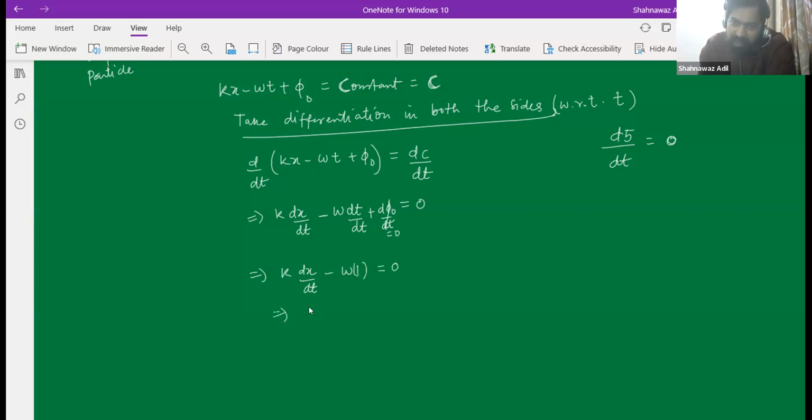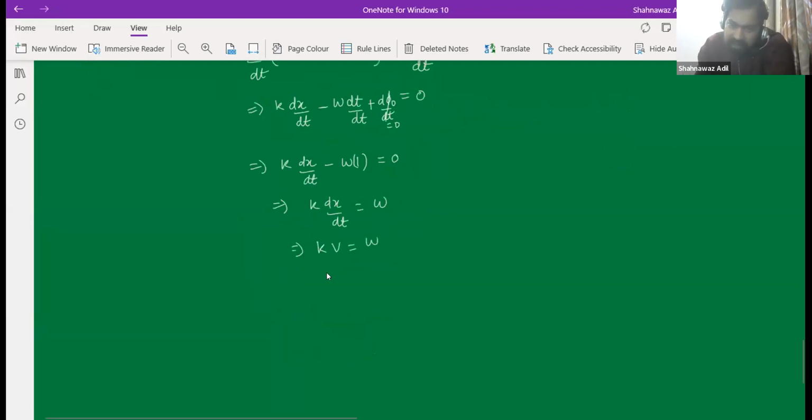Omega goes to the right side, so dx/dt, which is the velocity of the traveling wave, is v = ω/k.